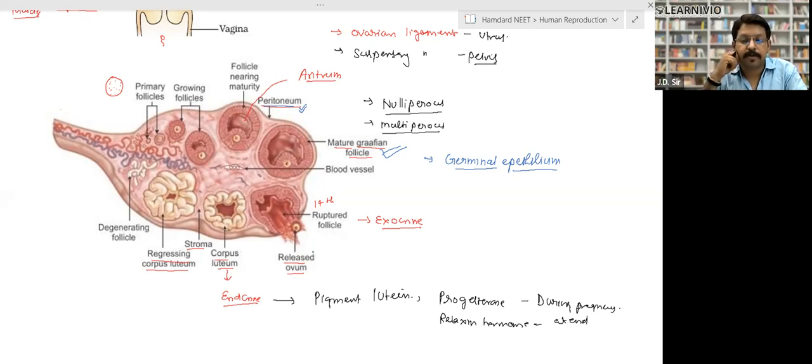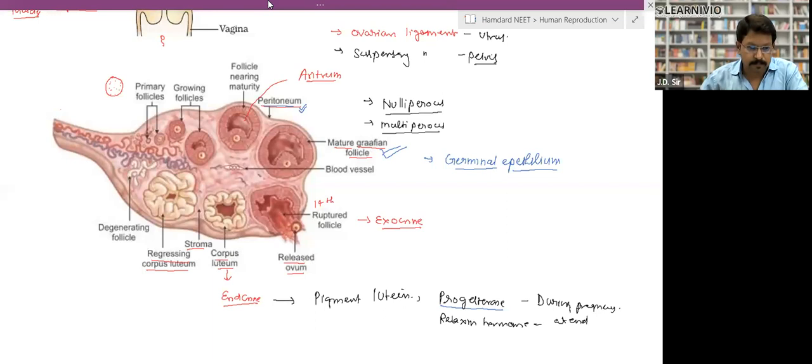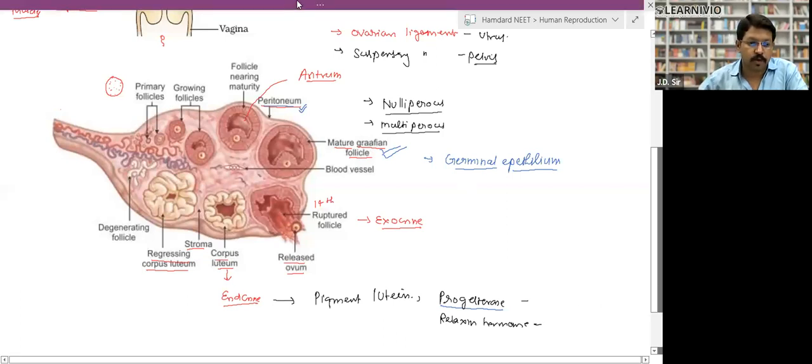It secretes progesterone hormone during pregnancy. It releases progesterone hormone during pregnancy.